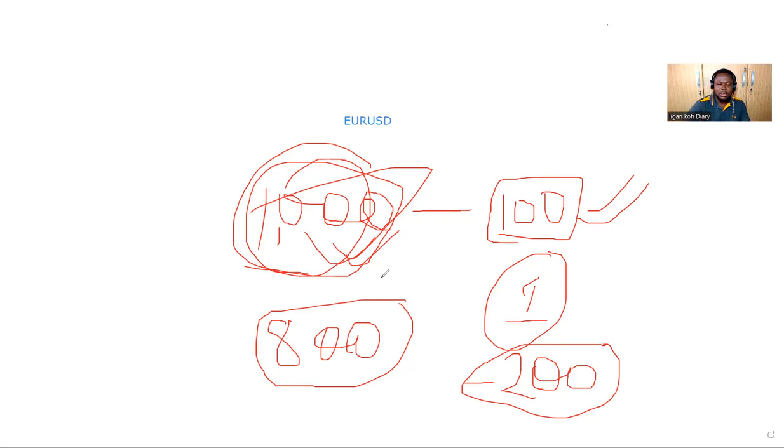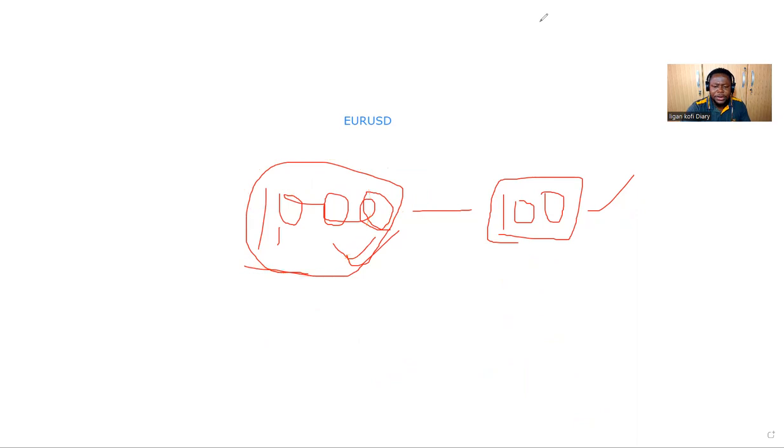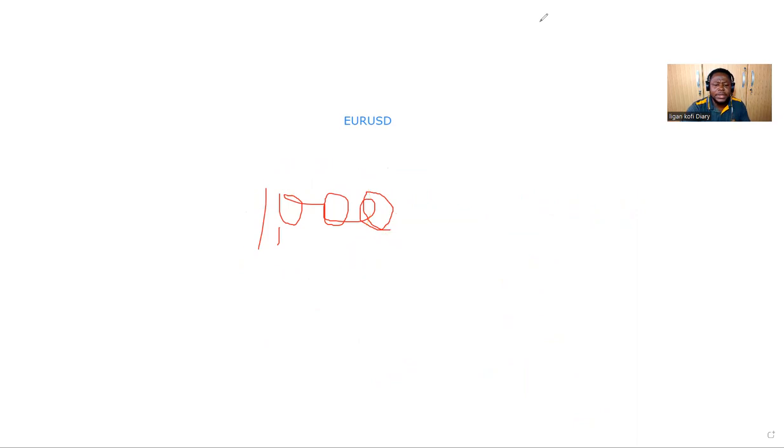Now, why am I saying the concept is still the same? Let me quickly explain. When you are given a currency like Euro USD, you are actually thinking of holding a currency, or, I want an appropriate word to use apart from holding.